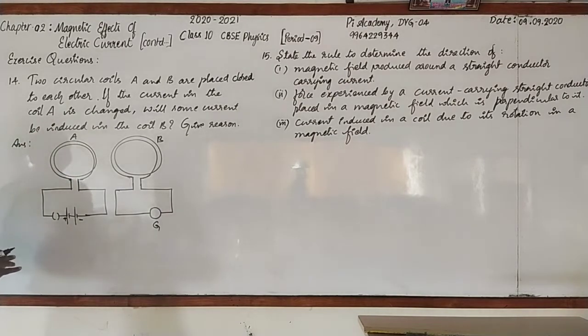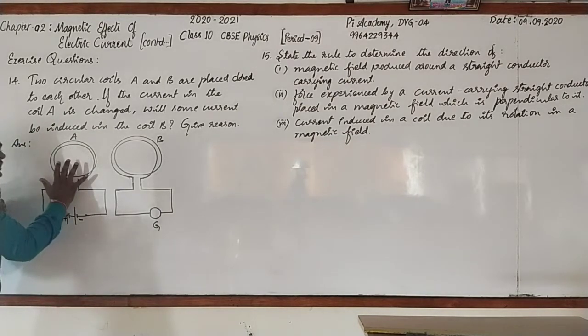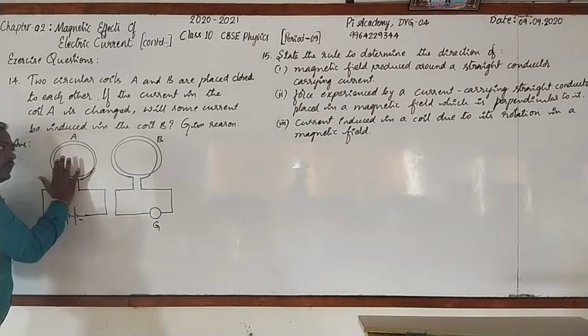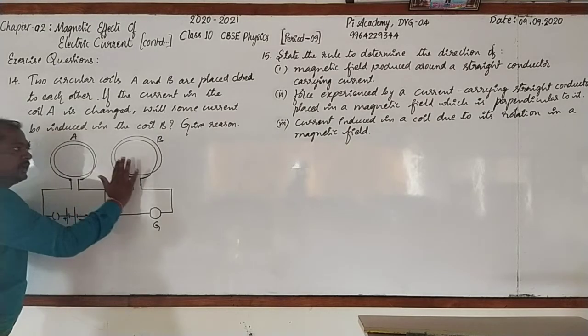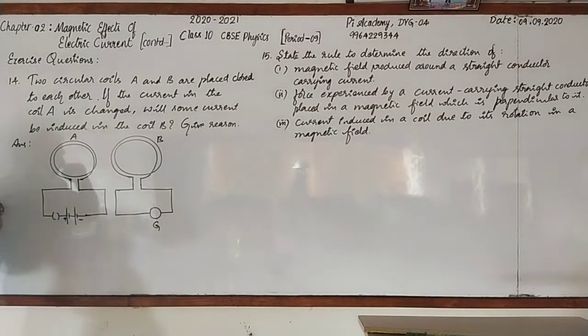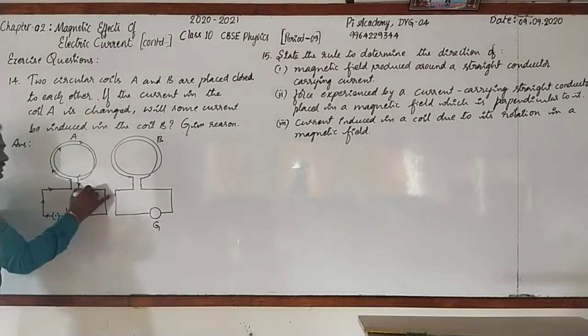Let's go for answering. If there is a change in the current in the coil A, is the current induced in the coil B? I'll explain, then you decide. Look here. In the coil A, first I close the circuit. You all know that the current starts flowing from the positive terminal to the negative terminal of a battery. Right?